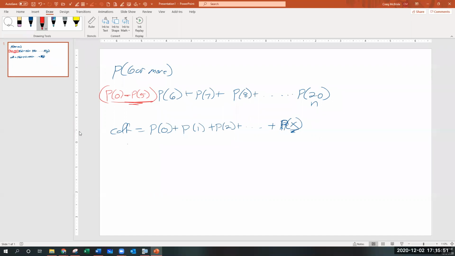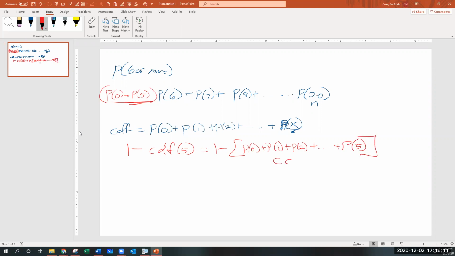So if we do 1 minus the CDF of 5, that's going to give us 1 minus this whole big probability of 0 plus probability of 1 plus probability of 2 plus ... plus probability of 5, right?